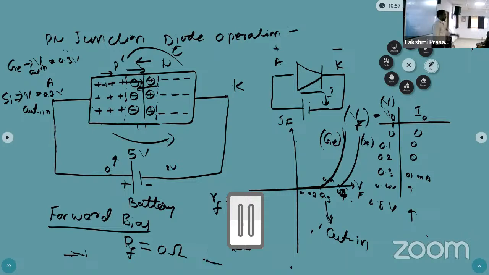Can anybody define resistance? The property of resistance is that it opposes the flow of electrons. Now, in terms of voltage and current, what is the definition of resistance? V is proportional to I. You can remove the proportionality and take some constant R. So R is equal to V by I.